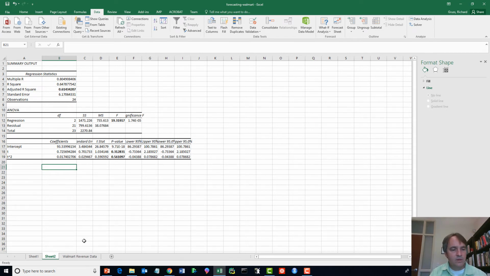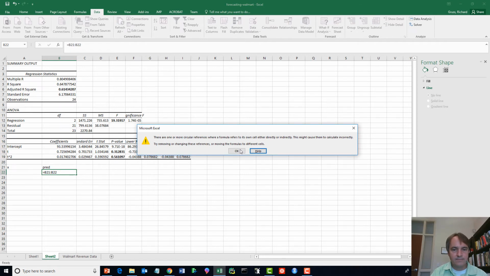Well, let's go ahead and do the prediction. We're going to have x here and our prediction here, and the prediction is going to be intercept plus, actually we're going to need an x squared in here.